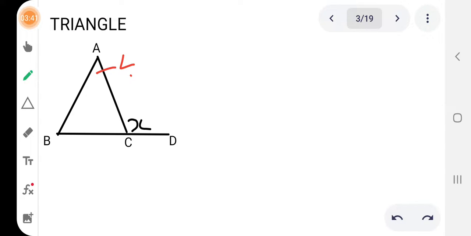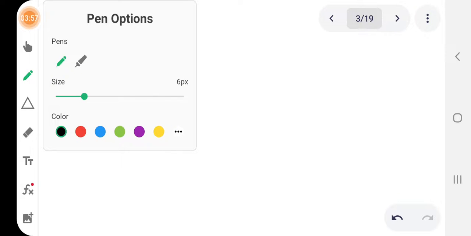Okay, angle A equal to 45, then angle B equal to 65. Then you are told to find angle x.